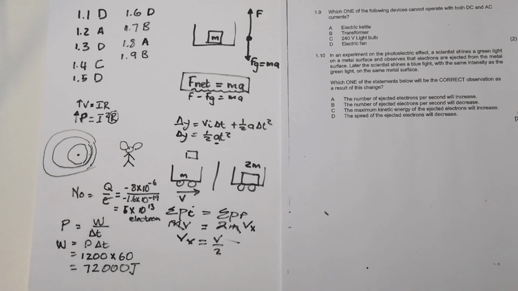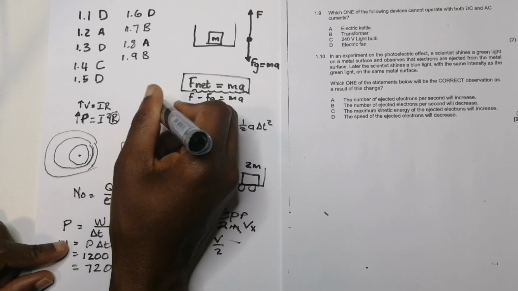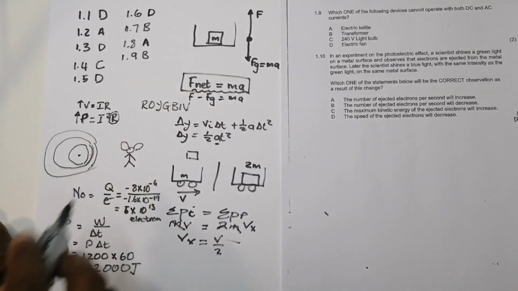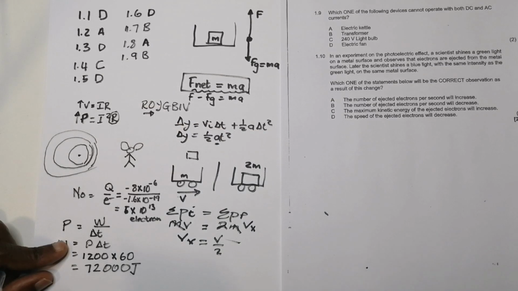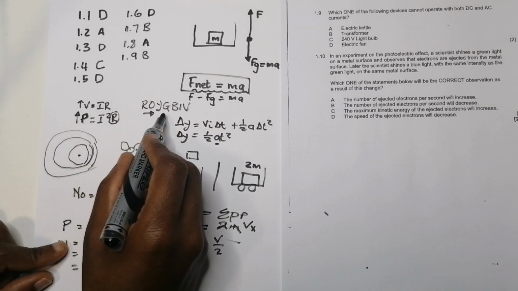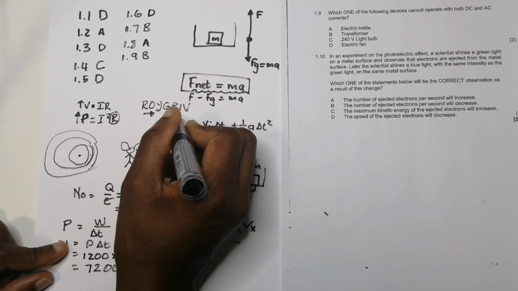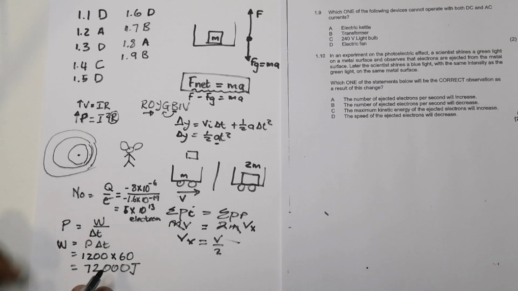Now, all we need to do is just remember Roy G. Biv. We know that frequency increases going that way. So I'm comparing blue with green. Blue light should have a higher frequency than green light. As a result, I know that the electrons in blue light would actually move with greater kinetic energy.